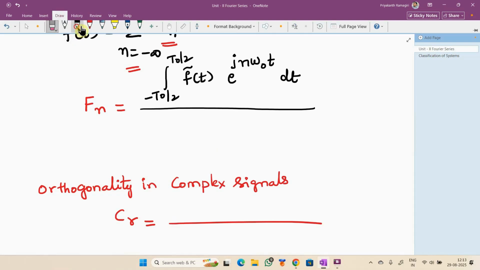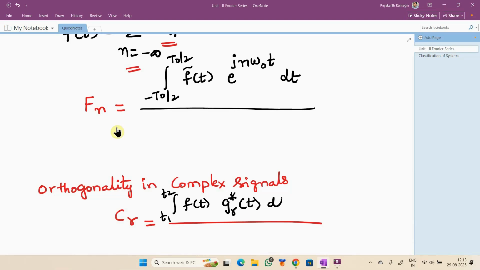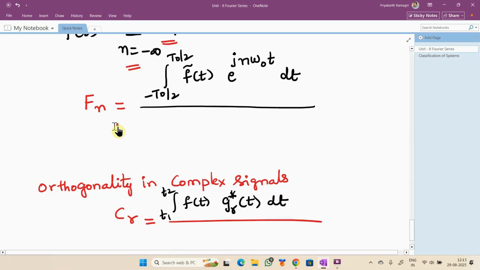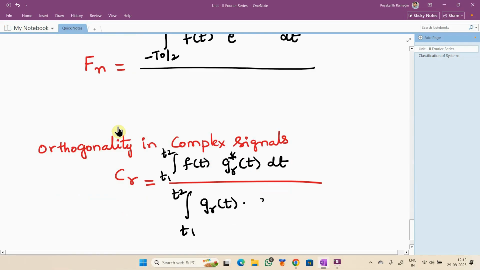I will mention the same formula. Integral t1 to t2 f of t, and here, in place of gr, you'll get the conjugate of gr in the case of complex signals. And next, the integral t1 to t2 of gr of t multiplied with gr conjugate of t.